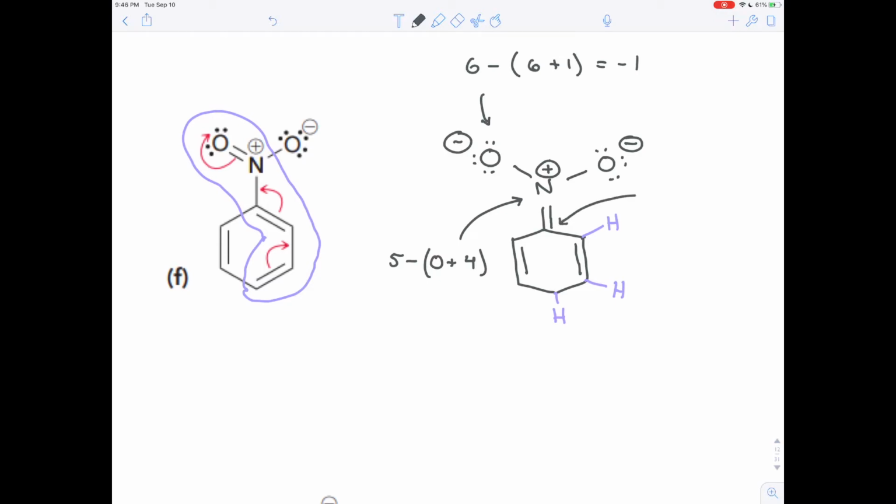This carbon here, 4 minus 0 dots, 4 lines, so 0. This carbon here, 4 minus 0 dots and 4 lines, so 0. This carbon here, 4 minus 0 dots, 4 lines, right? 1, 2, 3, 4. And so that also has a 0 charge. So all those carbons have a 0 charge.